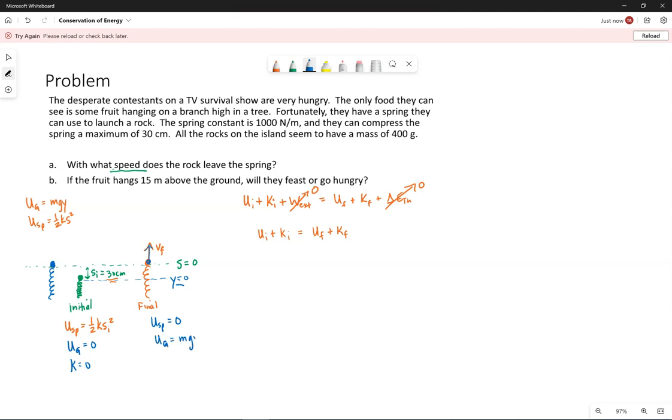Gravitational, the rock is now higher than it was before. It's 30 centimeters above where it started. And so we will have gravitational potential energy at that moment. And the rock, of course, is moving, so there will be kinetic energy at this moment.